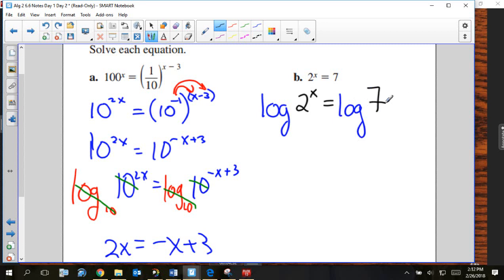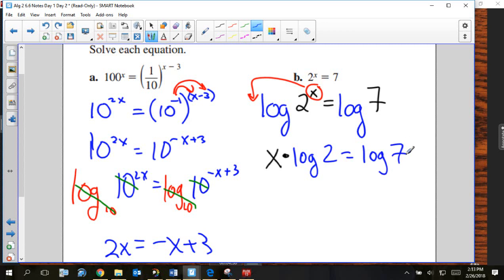The reason why I did that, watch this. Using what you just did for your homework, that x is an exponent. I'm going to use that property that says if it's an exponent, where can I put it instead? Right in front. So now I have x multiplied by log 2 equals log 7.